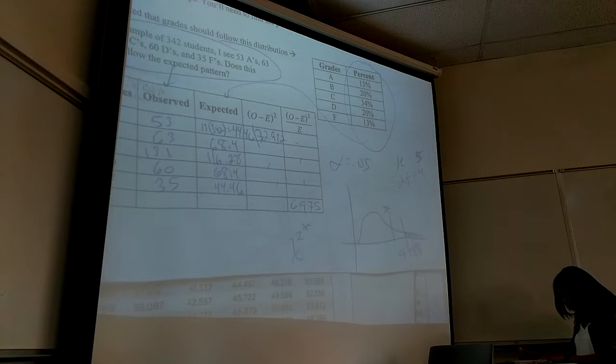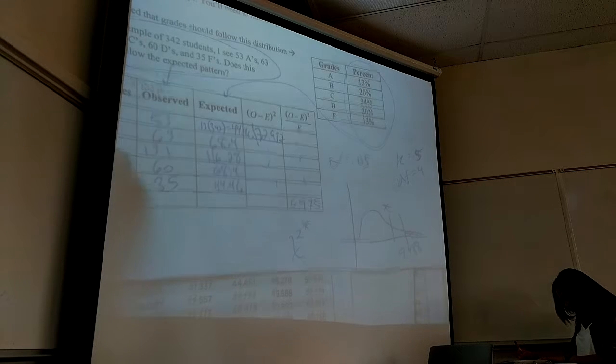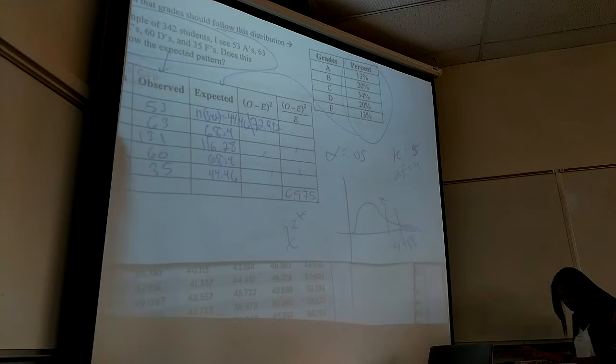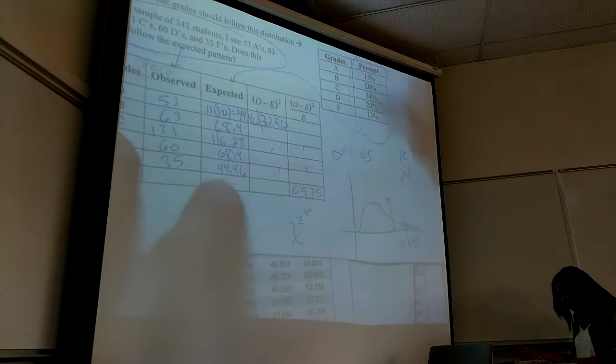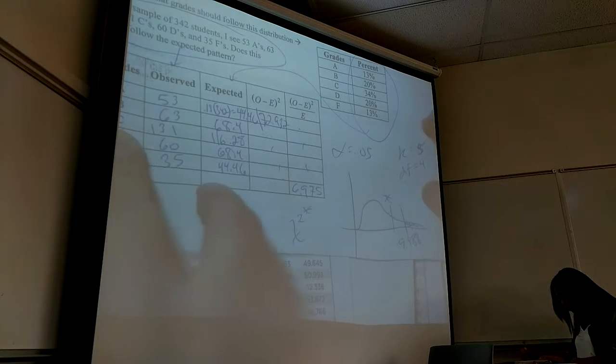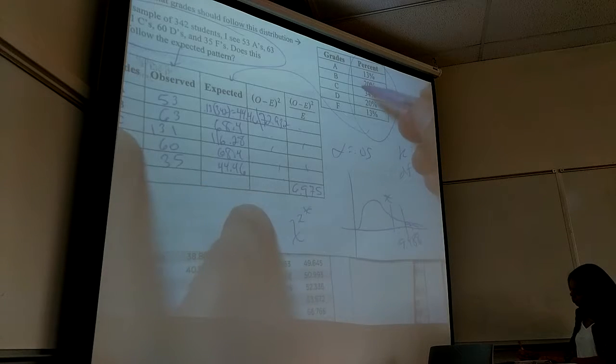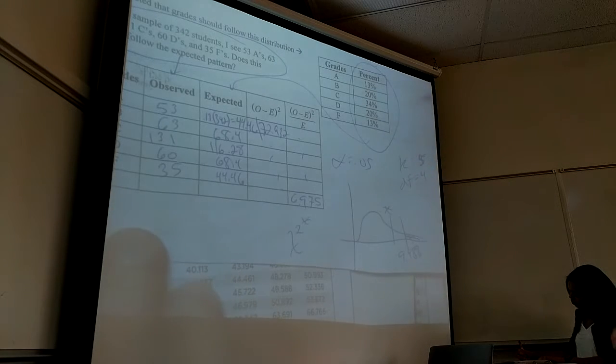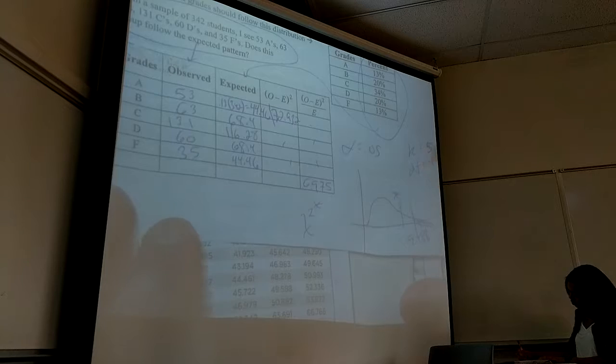I'm really sorry if you have trouble with double negatives, but to be accurate in statistics, you just have to do it. This is not proof that these grades do follow this. I can't say that. But it's not proof that they don't follow this. That's the way we have to say it.